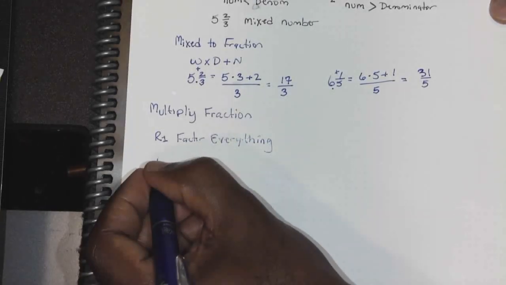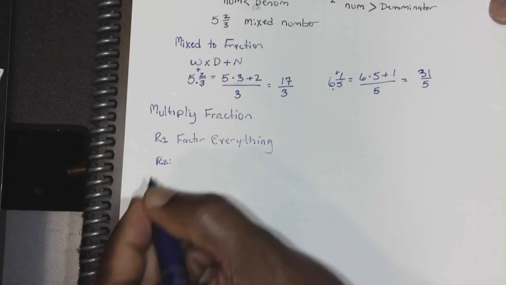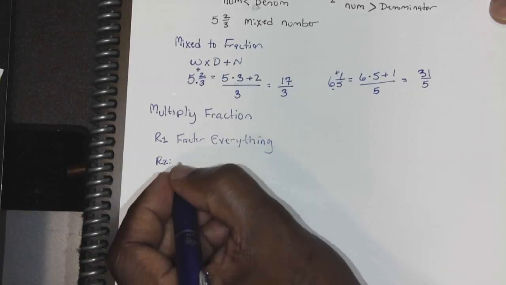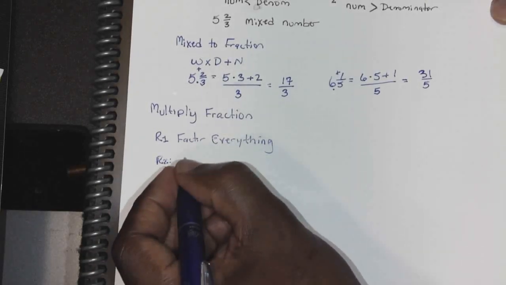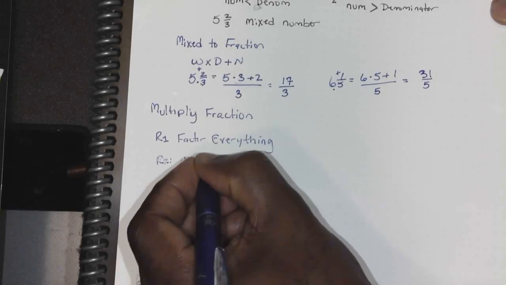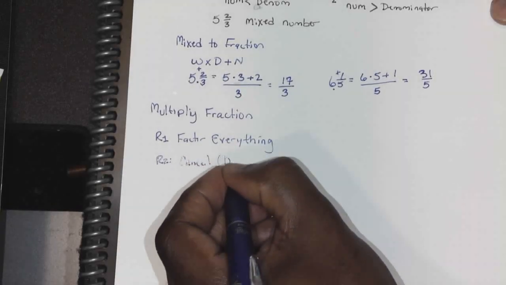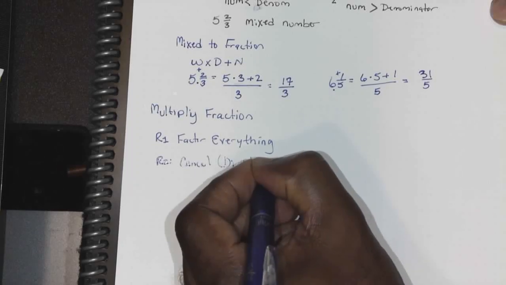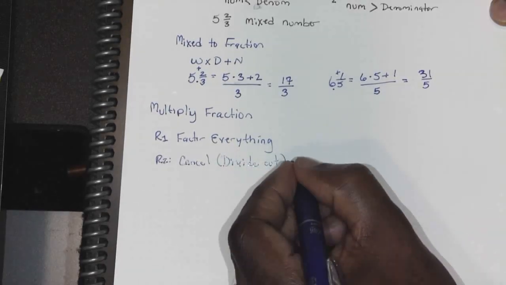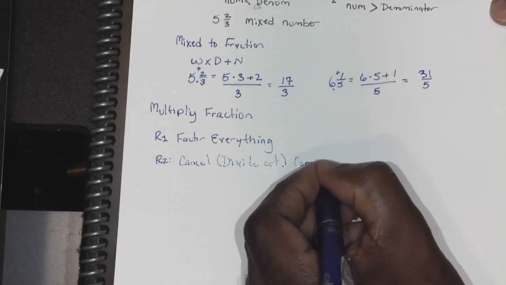Rule 2. People say cancel, but it's really divide out. I'll say cancel, then I put in parentheses, divide out. You divide out the common factors.